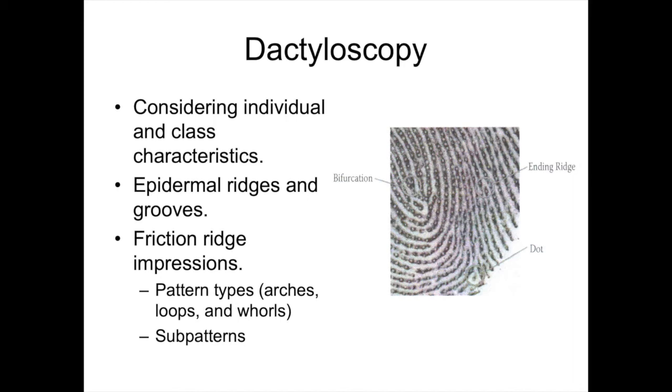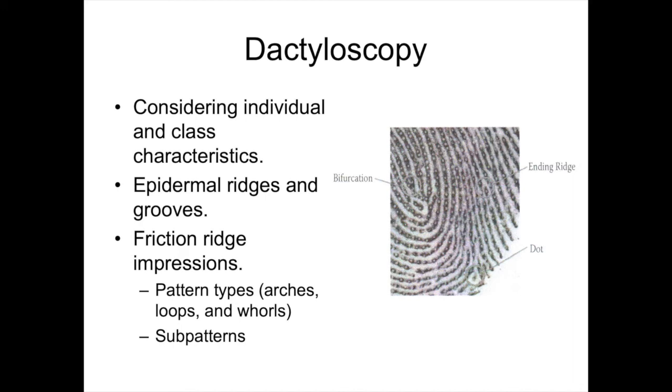When we're talking about fingerprints, we're really talking about the epidermis and the ridges and grooves that are associated with the palm and the fingers. Realize that your palm print is also something that can be utilized for identification.